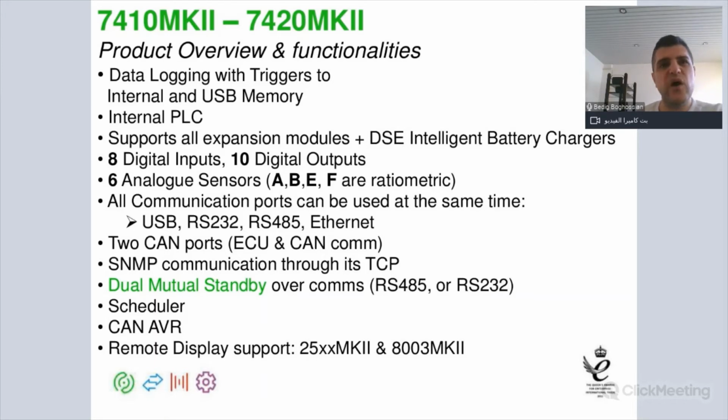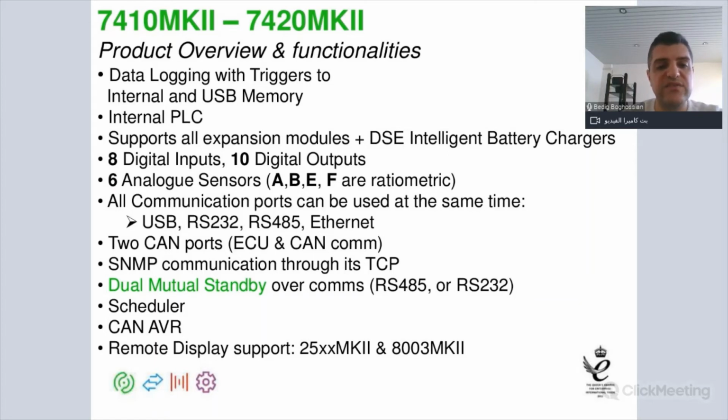SNMP is not widely used, but it is sometimes required by IT institutions, banks, or other advanced network related associations or organizations where they want to read trap messages. They might be reading trap messages of other devices, and they also want to read from the genset controller.